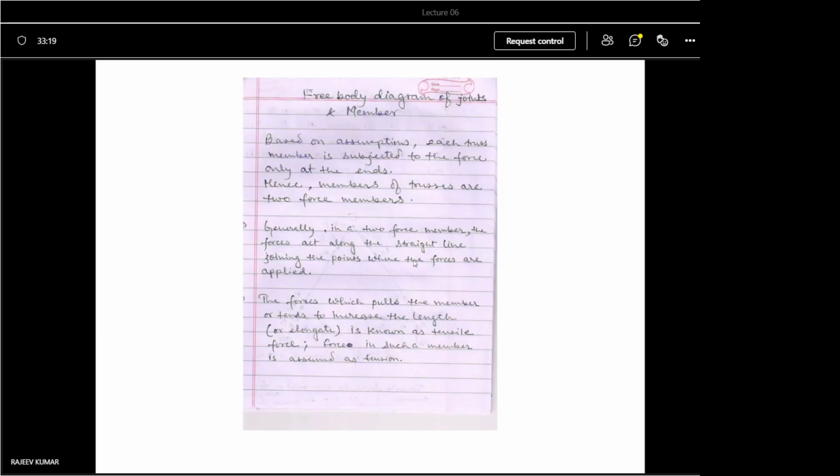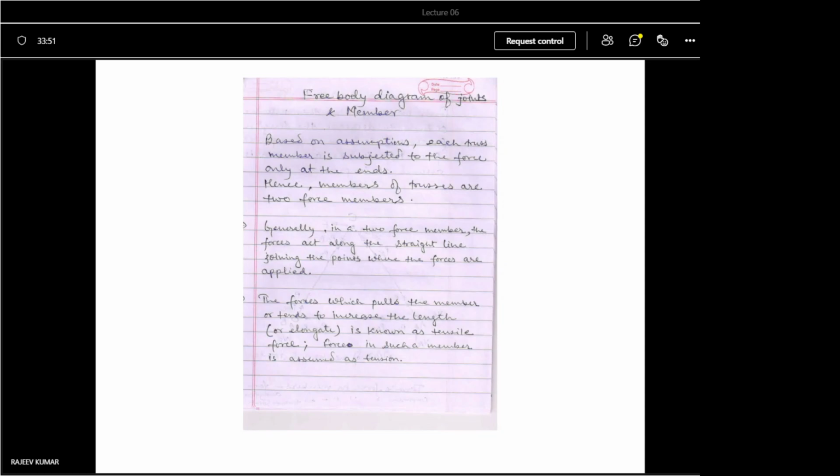Generally, in a two force member, the force acts along the straight line joining the points where the forces are applied. The forces which pull the member or tend to increase its length are known as tensile. Take a pen: when you are opening the cover of the pen, one end you keep straight, and for the cap you apply force in the vertical direction.